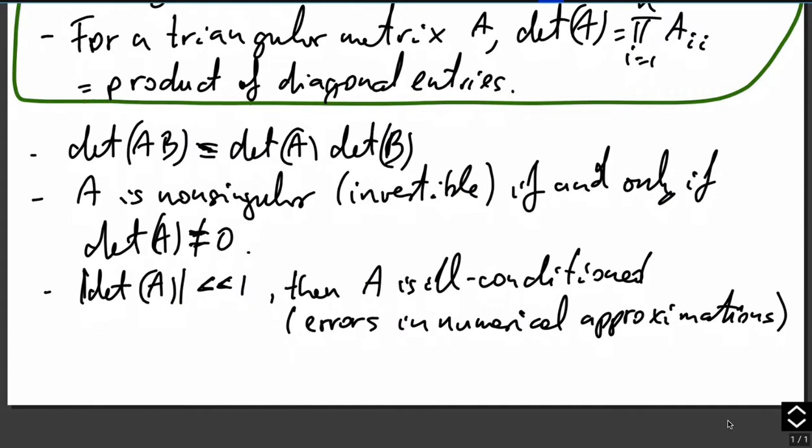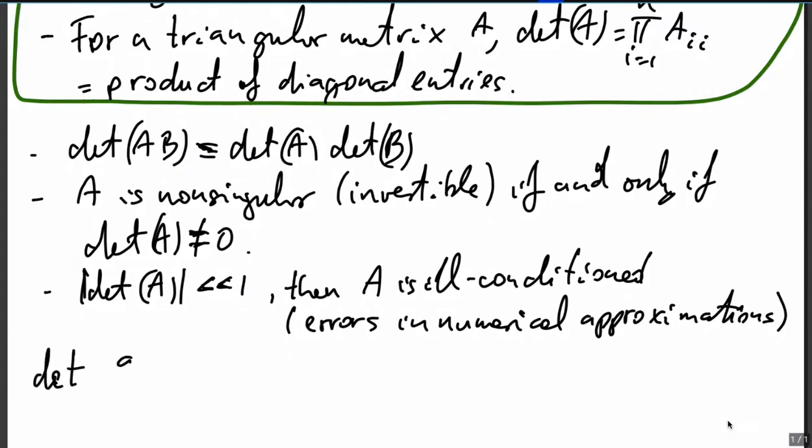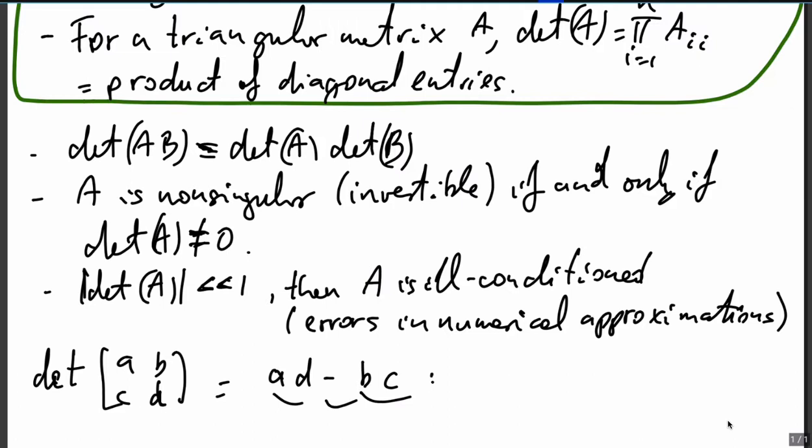In general, if you look at how the 2x2 determinant is calculated, for example, with entries A, B, C, D, this is AD minus BC. If you calculate the number of operations that we have to use, we have one multiplication, another multiplication, and then a difference of two terms. So this means 3 operations.